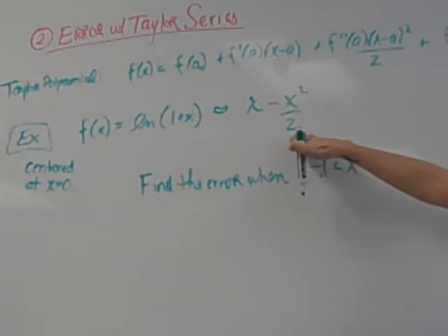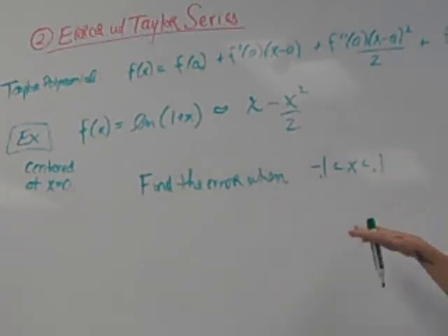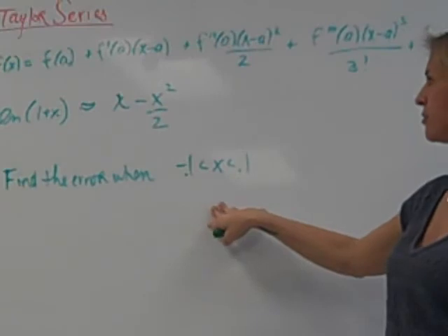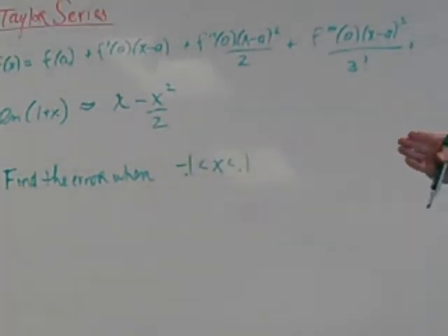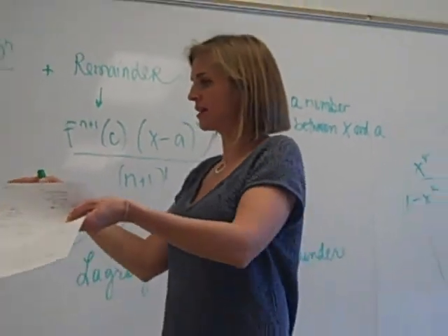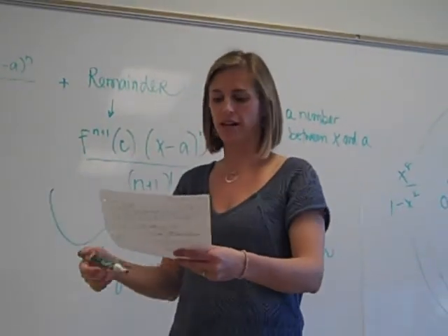They're going to make you cut the series off at a certain point and ask you to find the error. There's always going to be some, because I never am going to have an infinite number of terms. But the error will be smaller the closer I am to 0, and it'll also be smaller the more terms I have. So those are 2 ways to make the error smaller: give more terms, or give an x value close to 0.